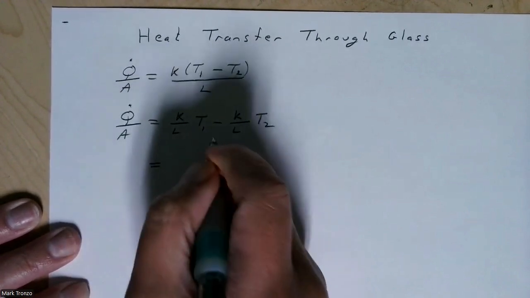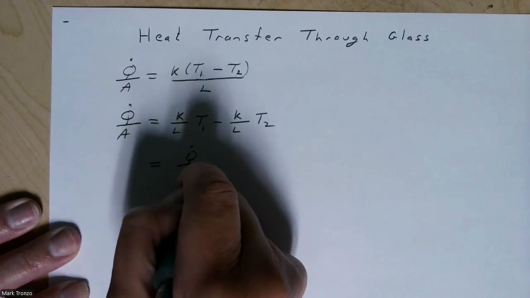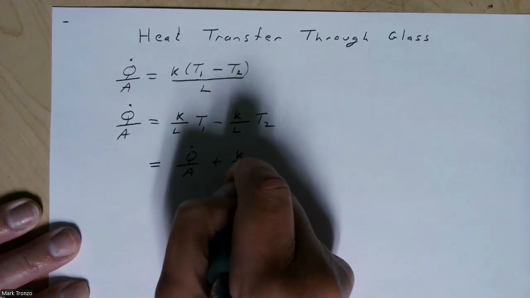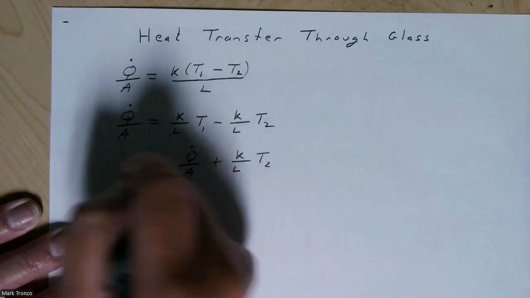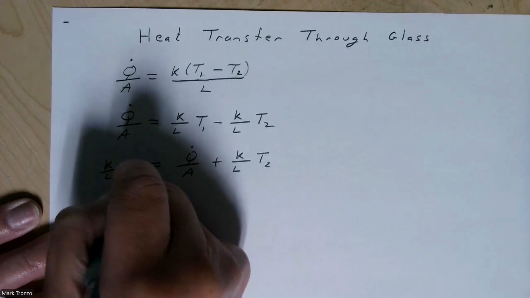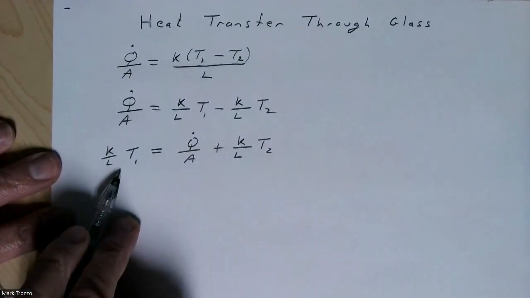Let me put those on the right. Again, we're solving for T1, so we'll divide through by K over L.